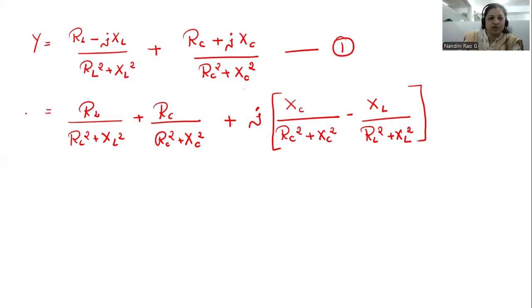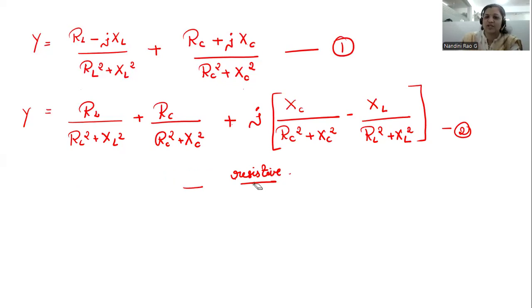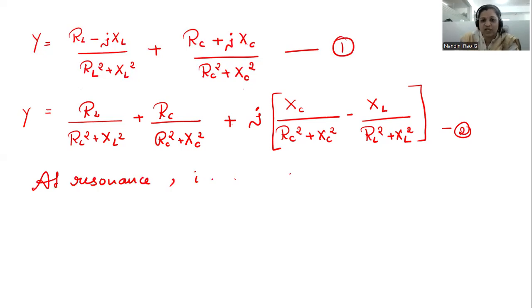We already know that at resonance, the network will be purely resistive in nature. But here it is not just resistive, it includes some capacitive reactance and also inductive reactance. But at resonance, we will consider the imaginary part to be equal to 0.